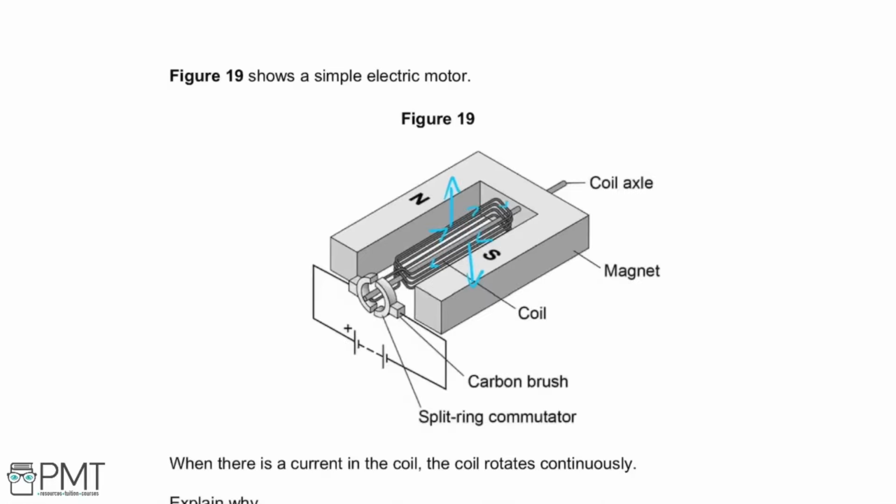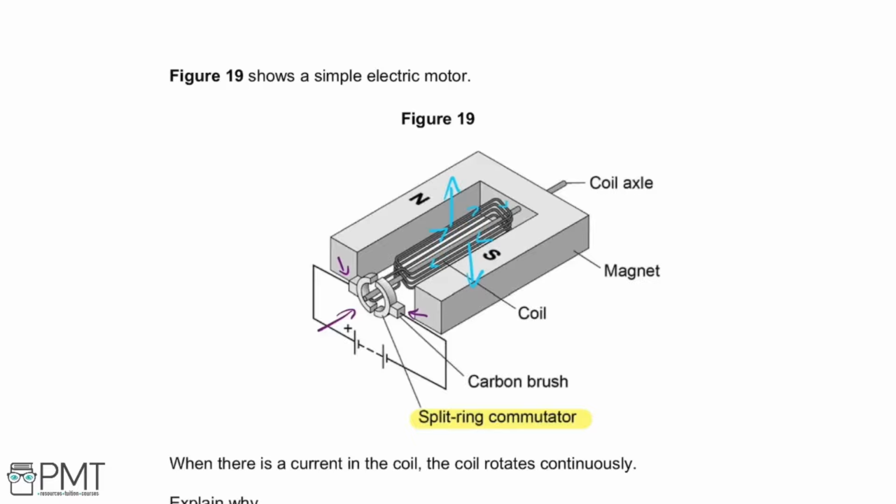You can see here that we have a commutator. It's called a split ring commutator because it's split into two bits. It's got two halves to it. And this commutator is rotating with the coil. So every half rotation, each half of the commutator will swap from being on one side of the circuit to the other side of the circuit.